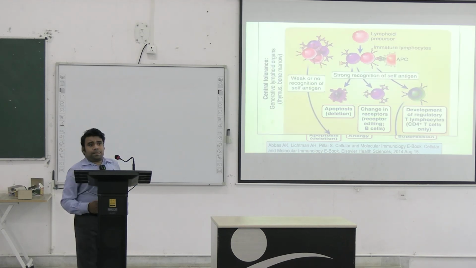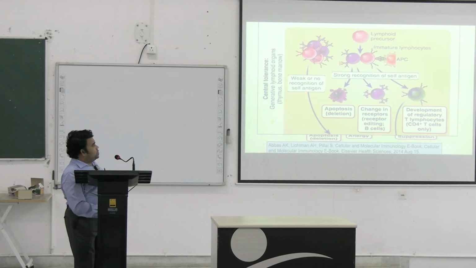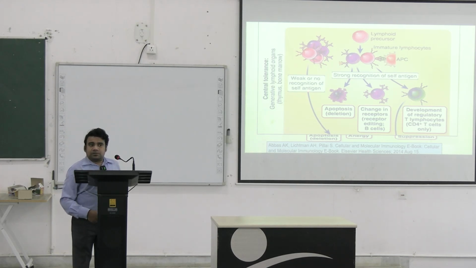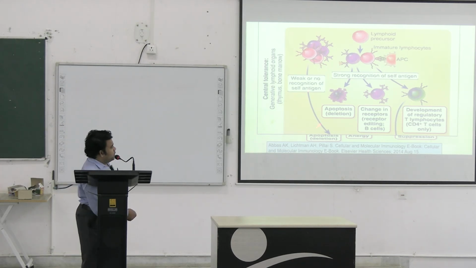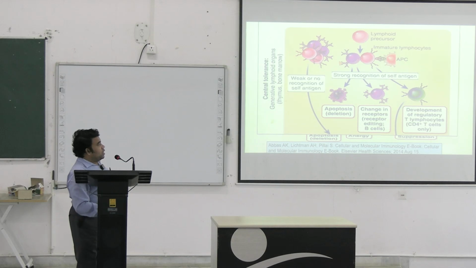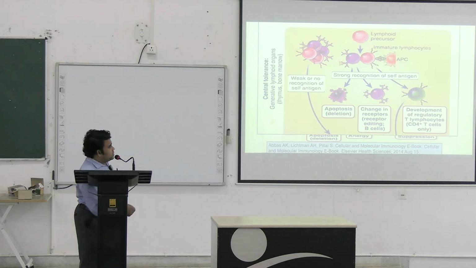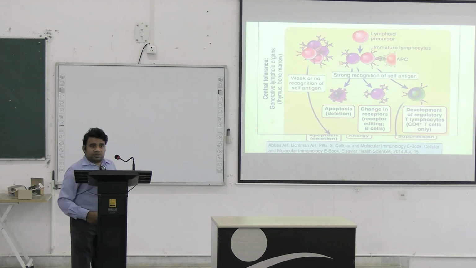How can it occur? Look at this diagram. If there is weak or no recognition of self antigen, those cells will undergo apoptosis. If there is strong recognition of self antigen, it will be either apoptosis, that means that lineage of cells will die, or there will be a change in the receptors.